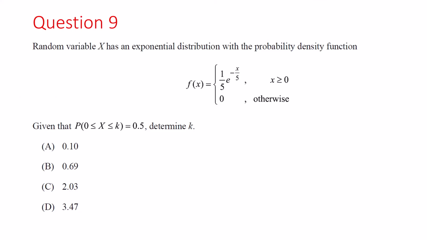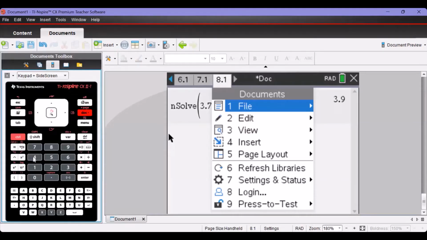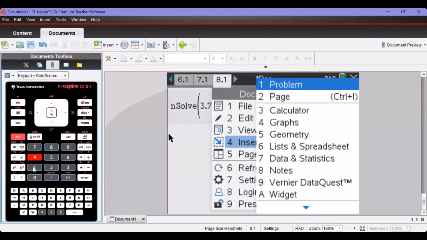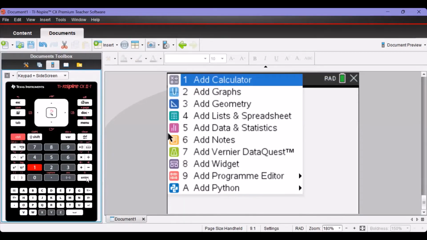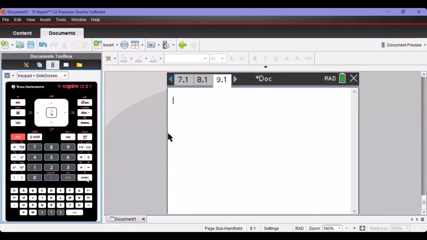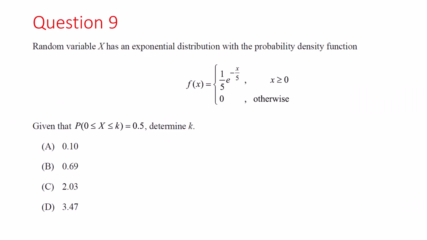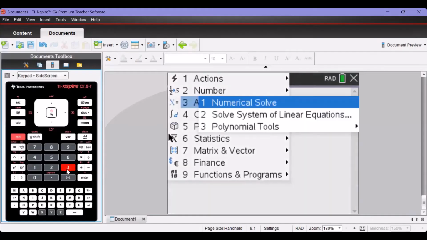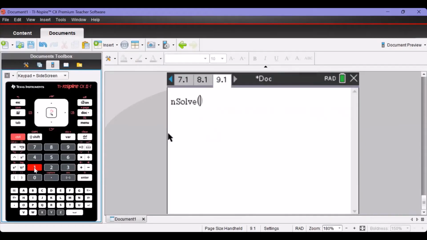Question 9, press Doc, 4 for insert, 1 or enter for new problem, 1 or enter to add a calculator. So here we want to determine the value of k. So menu, 3 for algebra, 1 or enter for numerical solve. Now to access the definite integral template, the shortcut is Shift+.